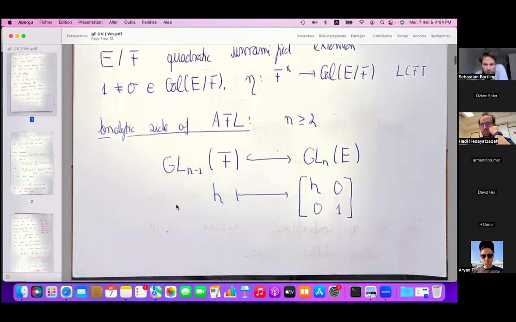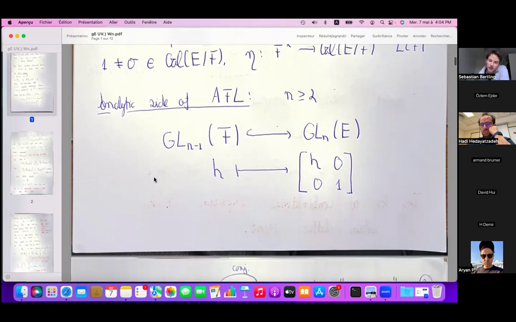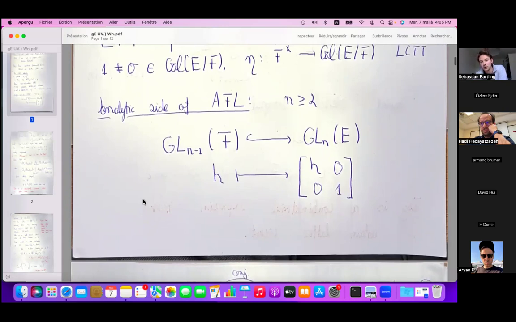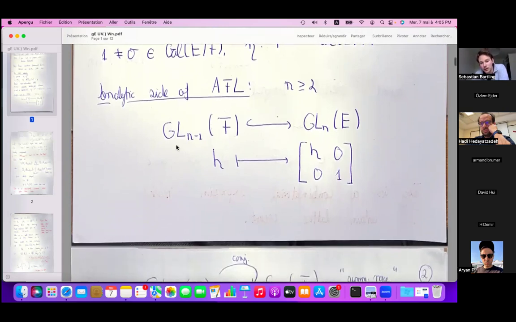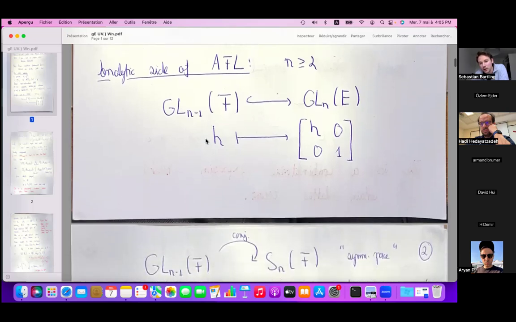The analytic side of the AFL is in the end some kind of combinatorial expression, phrased in terms of twisted orbital integrals.